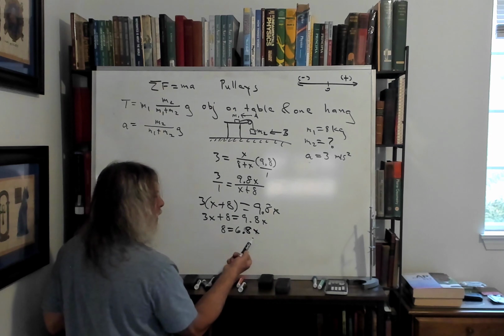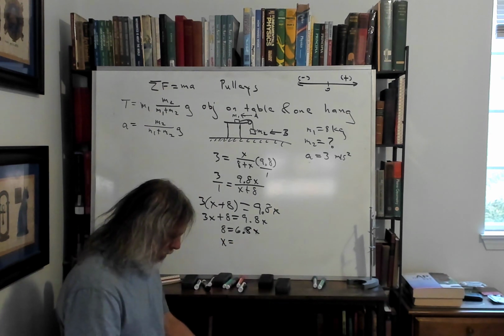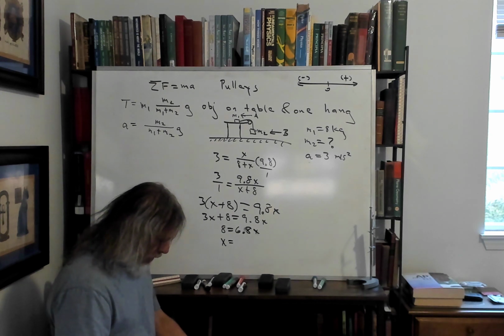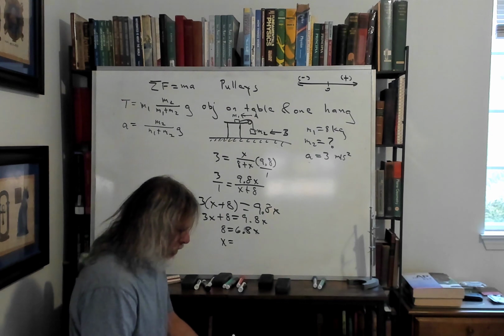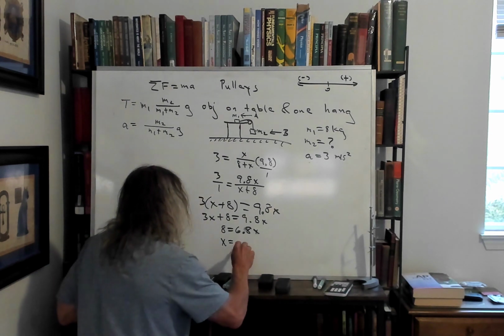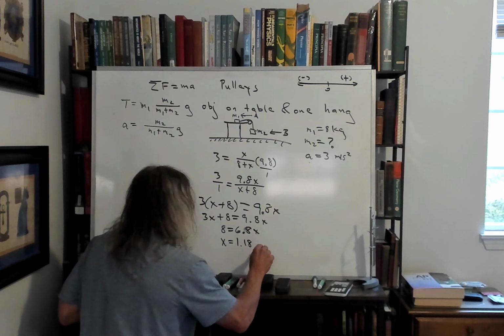Then divide by 6.8. So 8 divided by 6.8 is 1.1, call it 1.2, round off. I don't know, 1.18 kilograms.